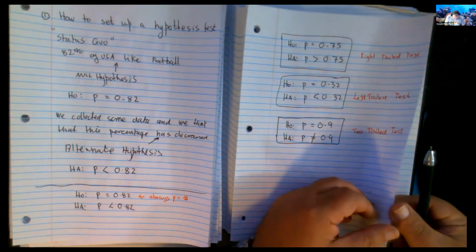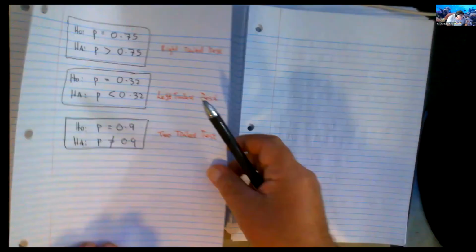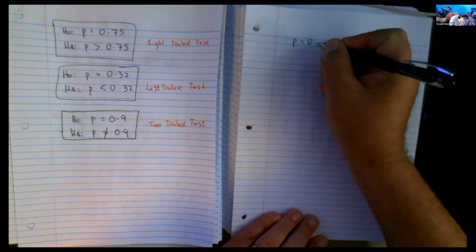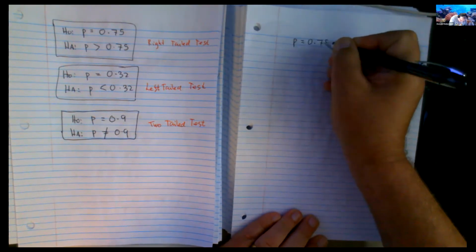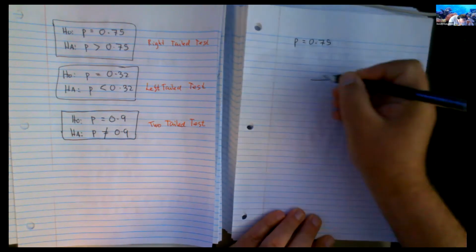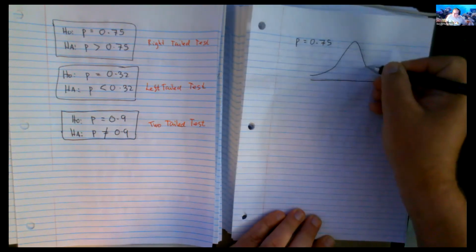So the theory behind our hypothesis test goes something like this. Let's take this one. We believe that that's true, and we're going to see if there's evidence to prove it's not. Now, if that's true, and you collect a sample, you will create a sampling distribution, won't you?